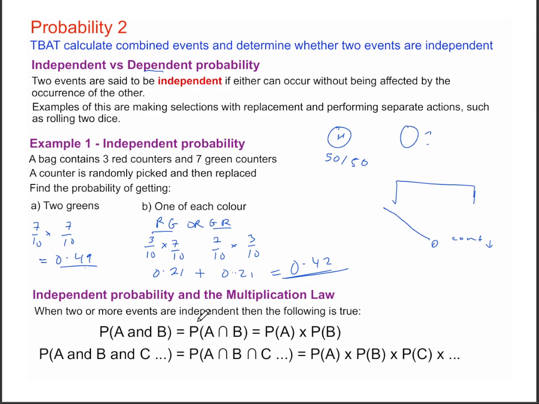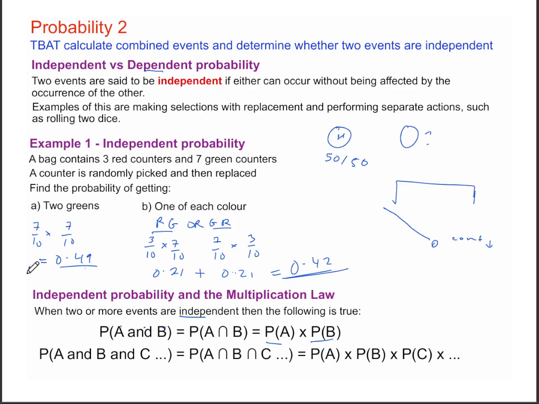When 2 or more events are independent to one another, then you have this condition that is met. The probability of A and B, meaning both of them happening, event A happening and event B happening, is equal to the probability of A intersection B. This we discussed in the previous lesson. And that will be equal to the probability of A on its own multiplied by the probability of B on its own.